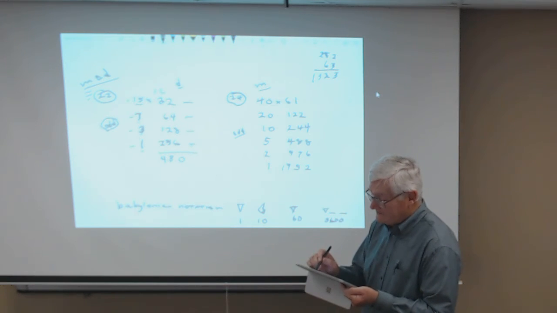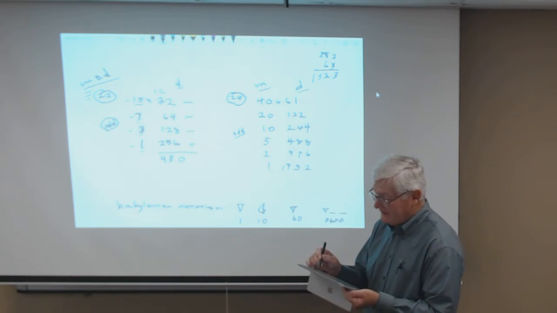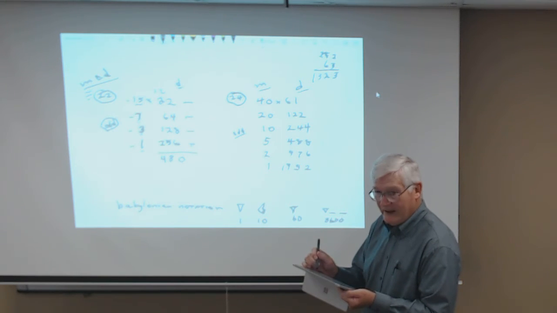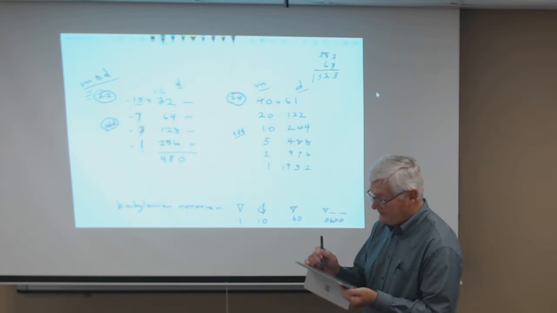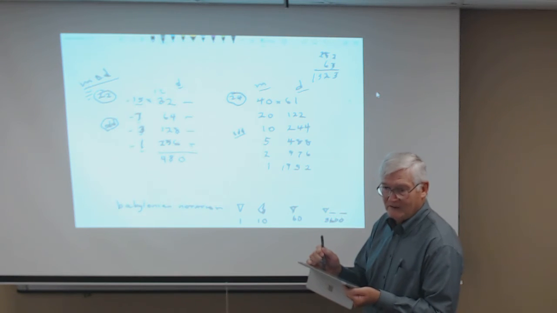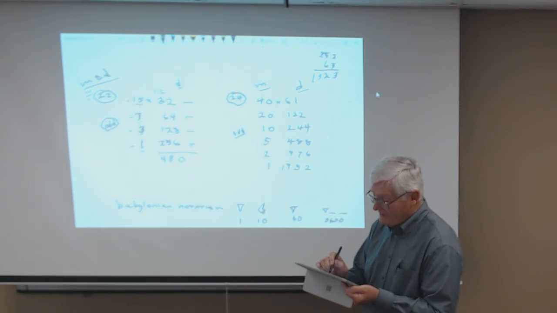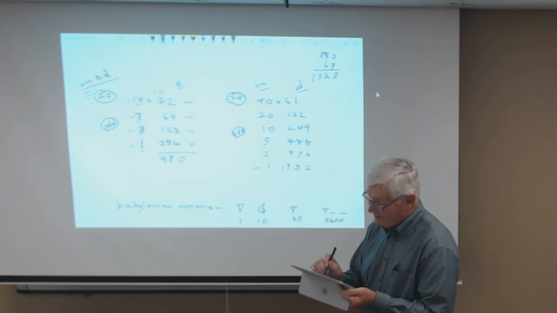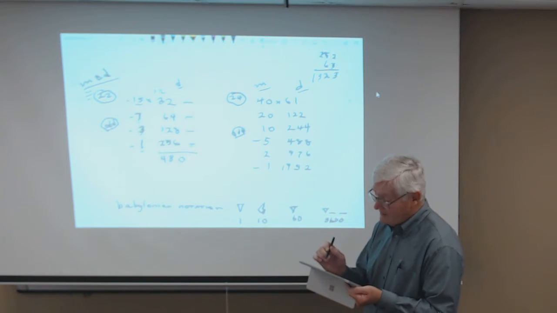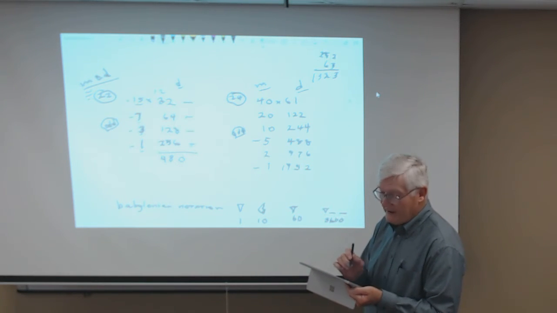Then duplation means I double it. 61 becomes 122, 244, 488, 976, and 1,952. Make sure you're doubling right when you do it. Now, what is it we do? We do the odd stuff. Here's odd. Here's odd. Is that it? 2, 10, 20, and 40 are even.